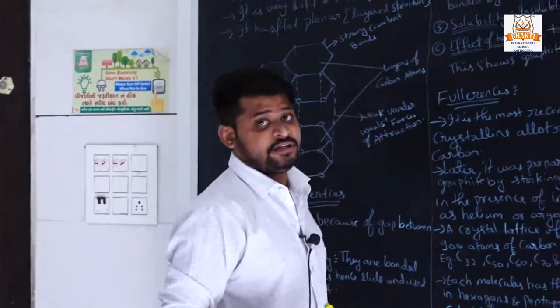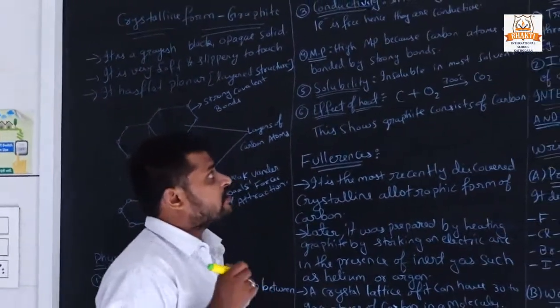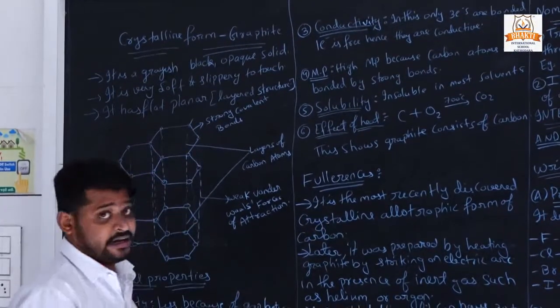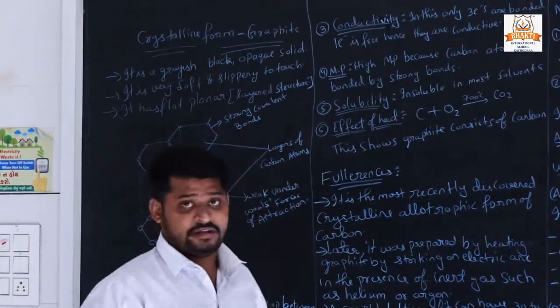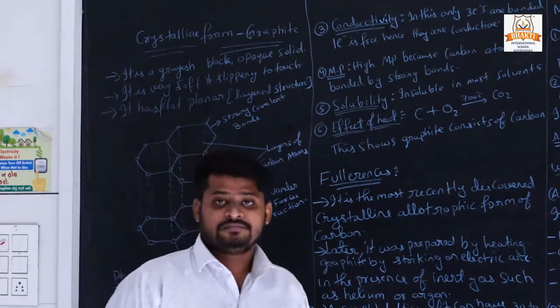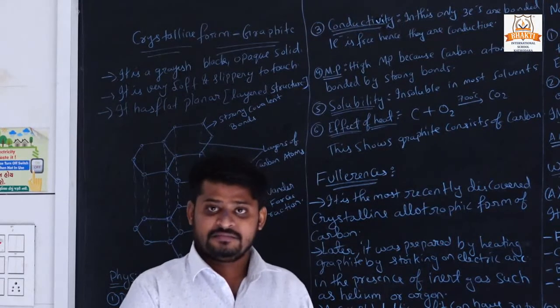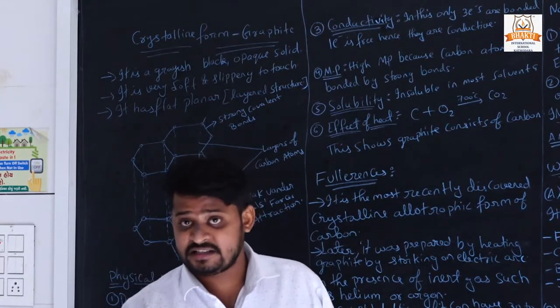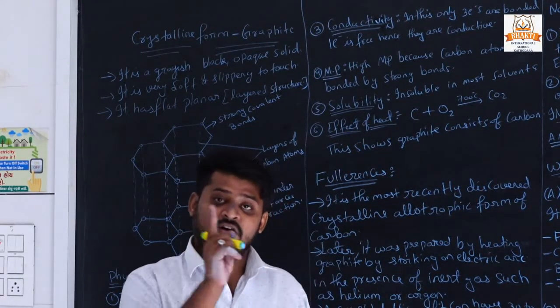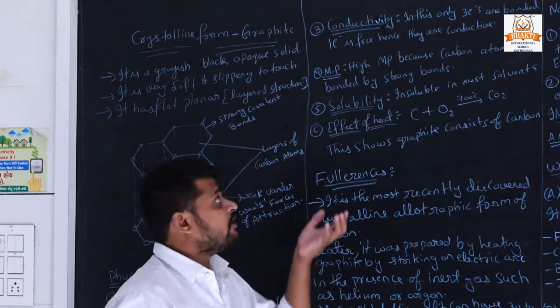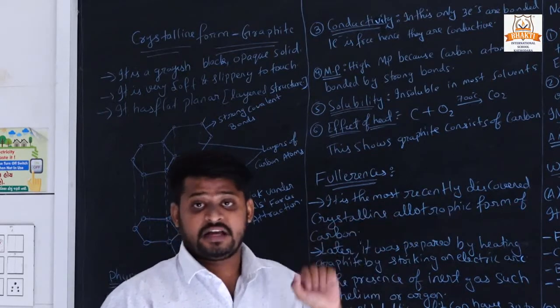Now conductivity. In this only 3 electrons are bonded, which means it also has conductivity. Why? We all know non-metals don't conduct electricity, and carbon is a non-metal, but graphite is the only non-metal that will conduct electricity.